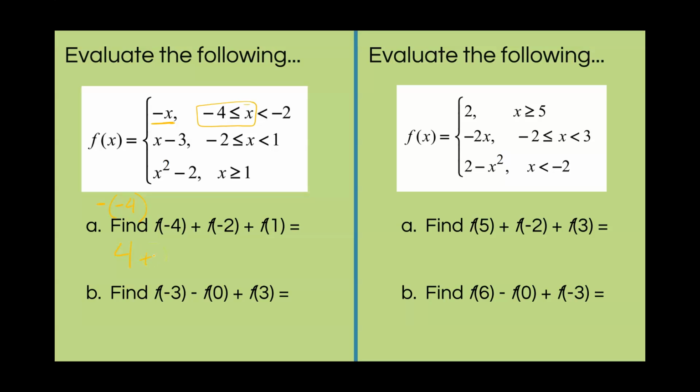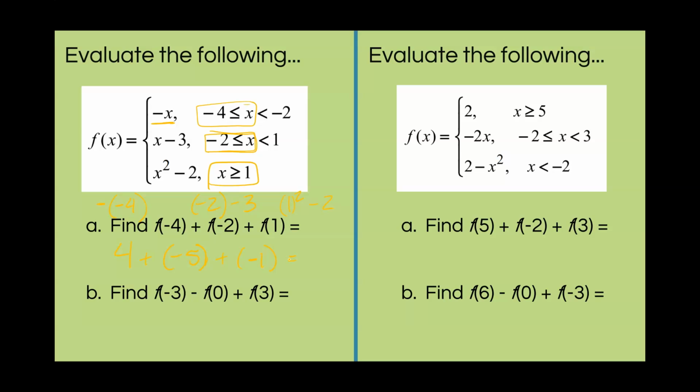Next is negative 2. Well, it can only equal negative 2 in the second equation, and it's x minus 3, so we're going to say negative 2 minus 3, which is going to give me a negative 5. And the last one is 1. Well, the only place it can equal 1 is right here, so we're going to plug 1 into that last equation and get 1 squared minus 2, and that's going to give me negative 1.